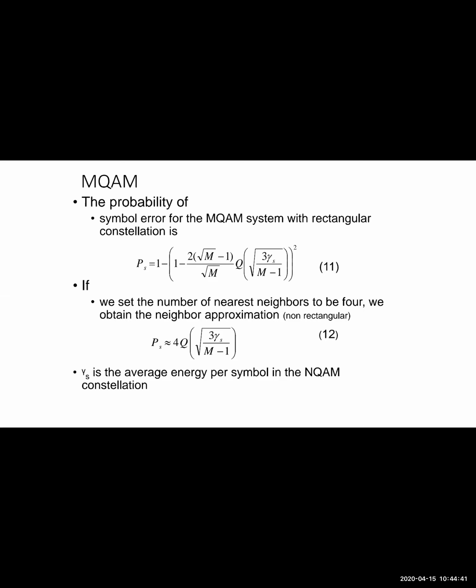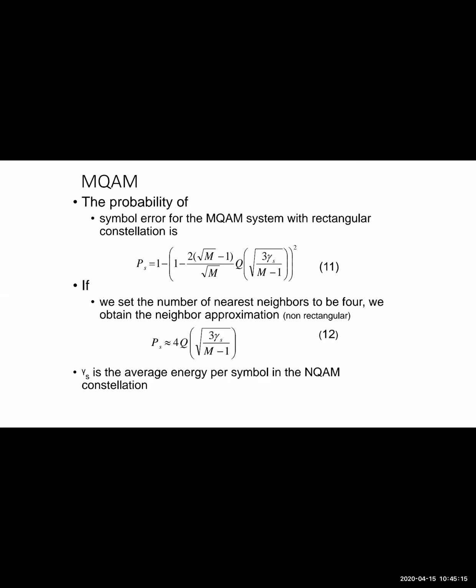If you want a more exact way of calculating MQAM, then you use equation 11. If you want to approximate it, then you use equation 12. So equation 11 is the exact form of MQAM, and equation 12 is an approximated form for MQAM. Is that okay?